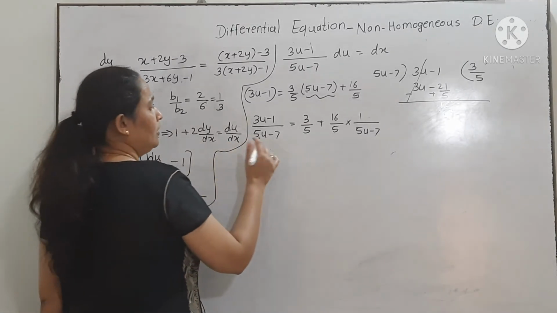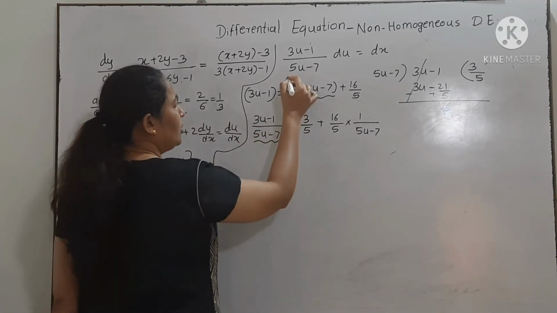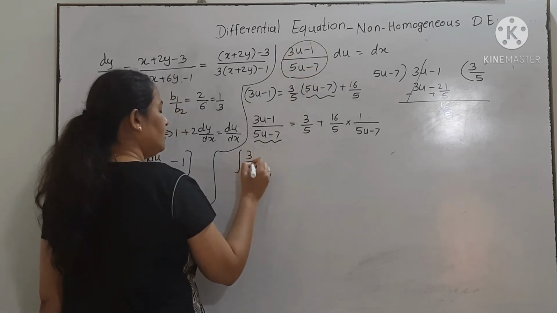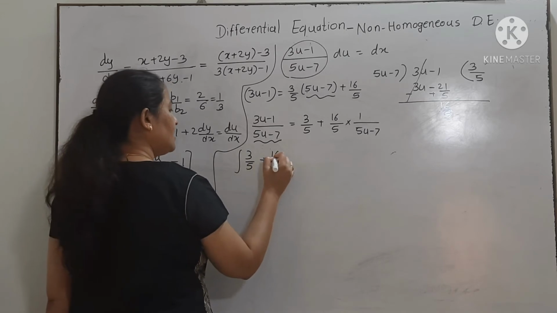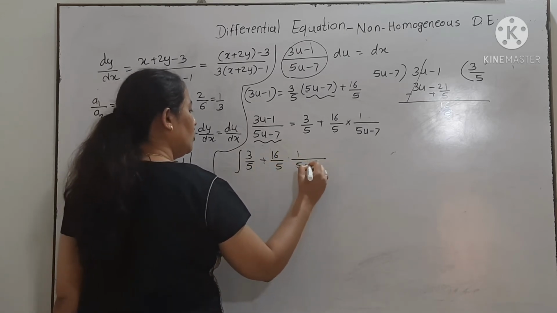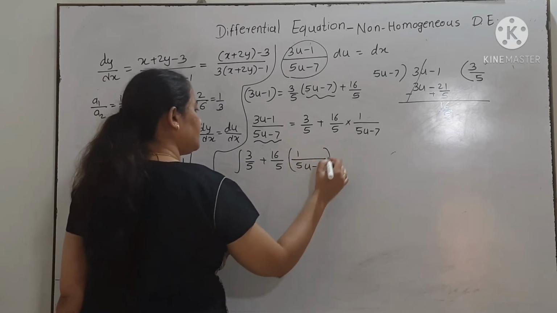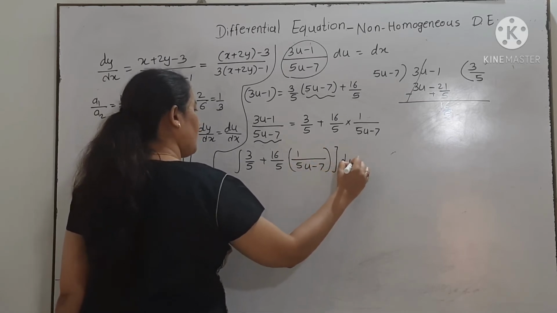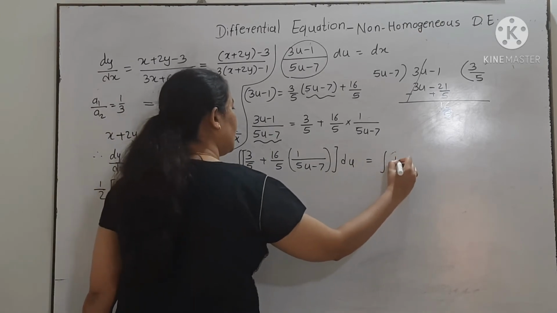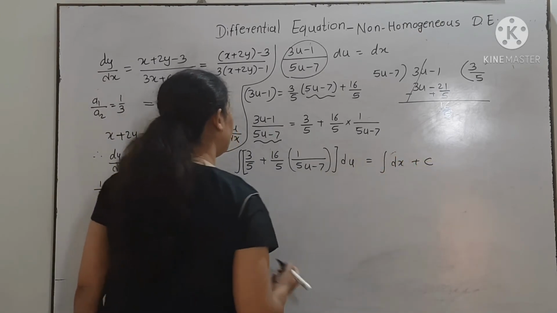Now substitute the value of 3u minus 1 here. You will get integral of 3 by 5 plus 16 by 5 into 1 upon 5u minus 7 du equal to integral of dx plus constant of integration c.